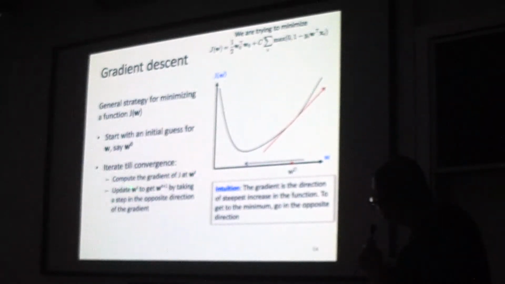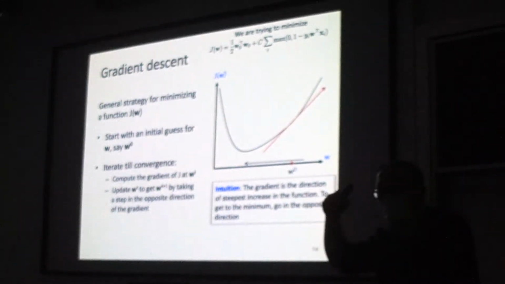Then you update WT along the opposite direction of the gradient. Why? Because you want to minimize the objective function, and the gradient indicates the increase of the function. So if you want to minimize the function, you need to move along the opposite direction of the gradient.